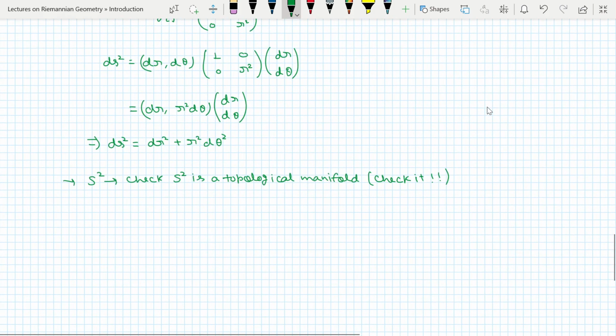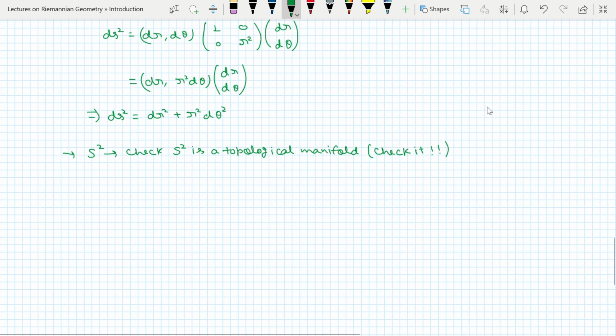Because to derive the Riemannian metric, we first need the chart map. But what will be the chart map here? You can't simply say that chart maps are always homeomorphisms, or that S² is homeomorphic to some open subset of R², because S² and R² are not homeomorphic.